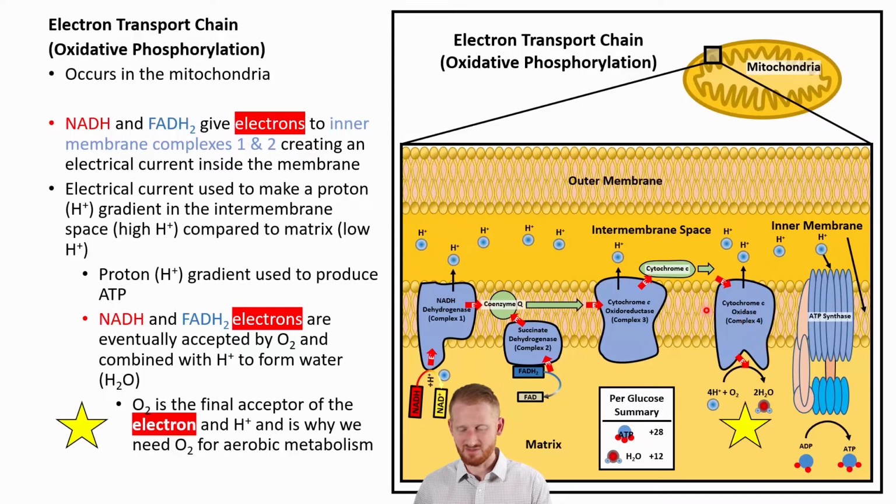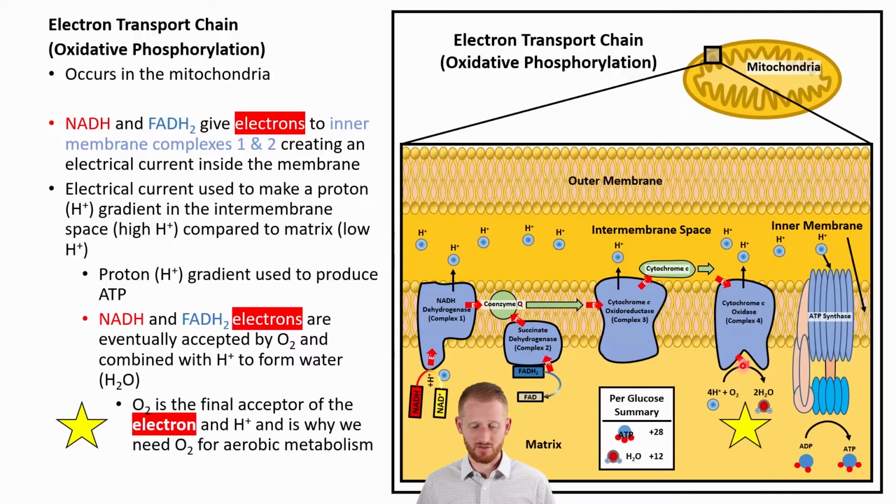So a lot of different steps here, but all it is is handing off of the electron and, in the process, pumping hydrogen here, here, and also here into this intermembrane space. Then the electron eventually comes down here where it joins with oxygen and some hydrogen ions in order to produce water, H2O.